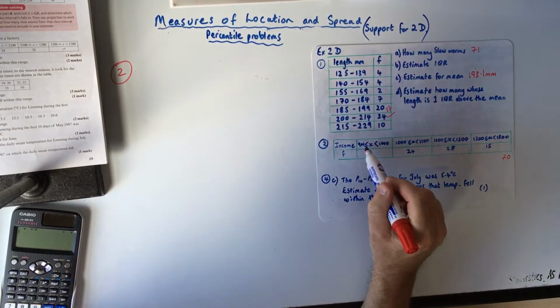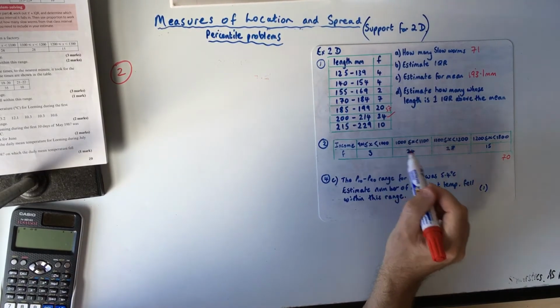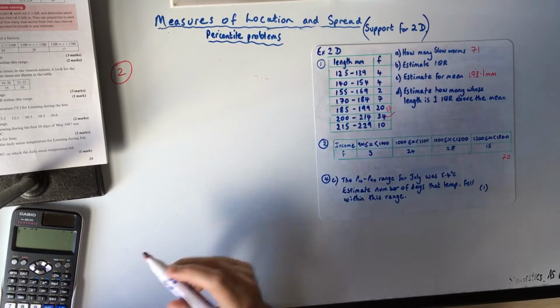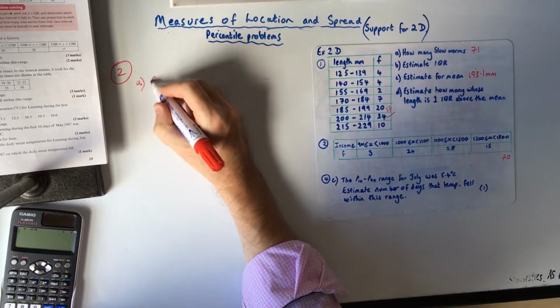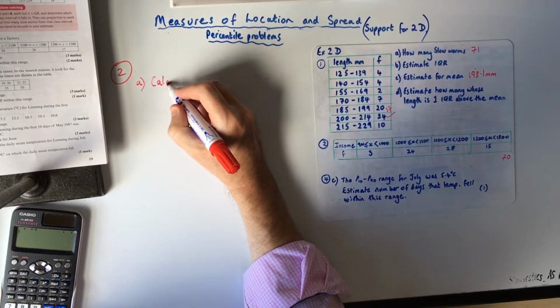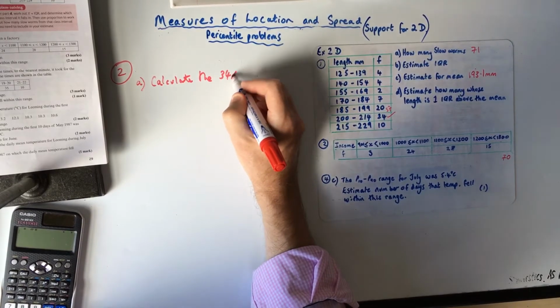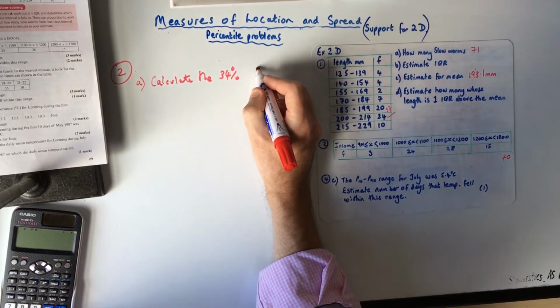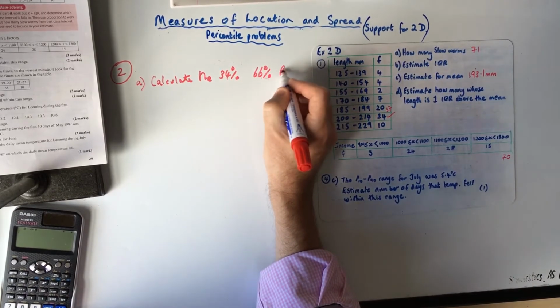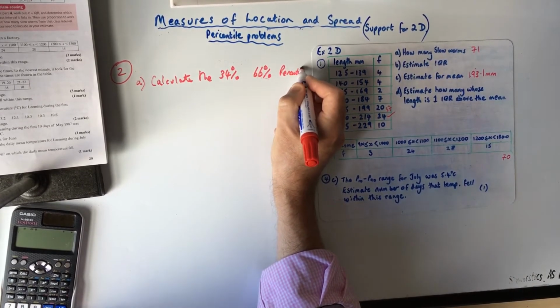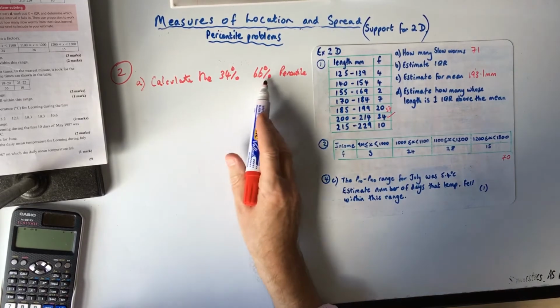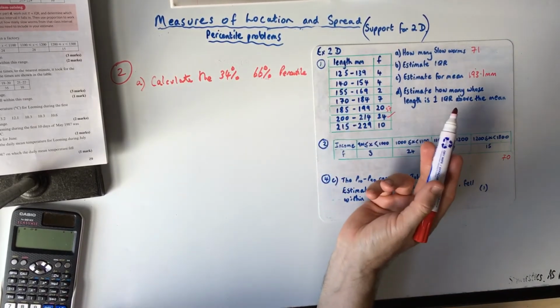3 of the workers earn between £900 and £1,000 a month, and so on. So that's the table. And part A is: calculate the 34th and 66th percentile. Okay, so 34 and 66 make 100.